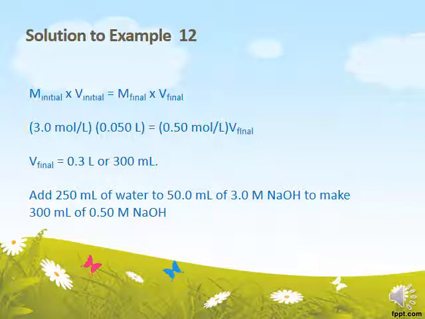So this is the solution to example 12: add 250 ml to that 50 ml of stock solution so that we get 300 ml of 0.5 molar sodium hydroxide solution.